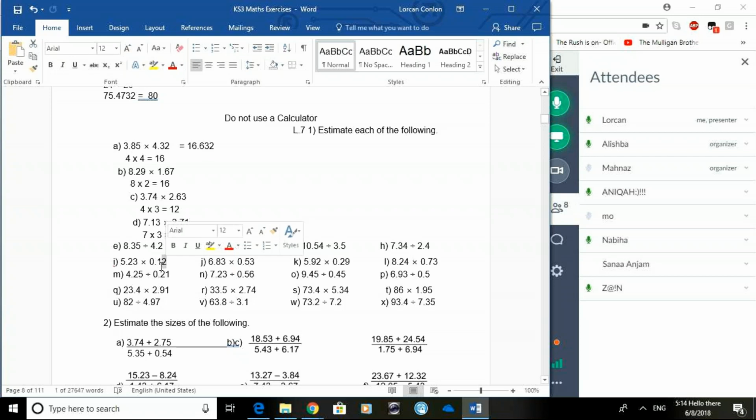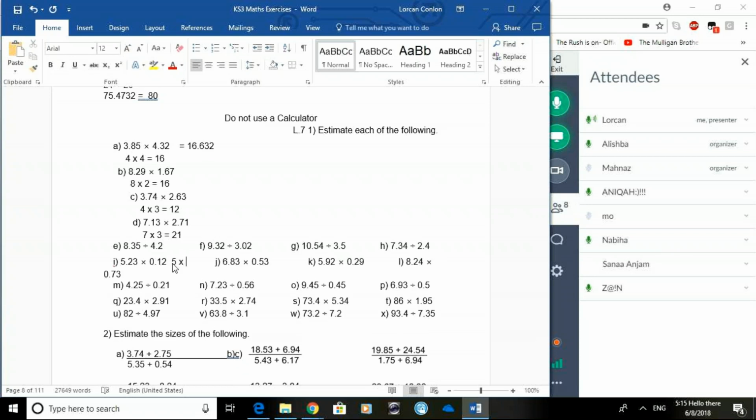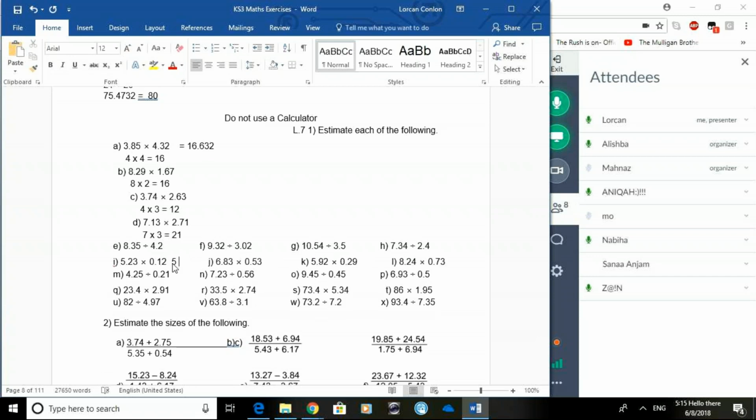So we're going to cut the number off here, and then we look at this and say, is the 2 going to make it round up, or is it going to make it stay the same? Stays the same. So that becomes 5 times 0.1 is how we approximate that one. And 5 times 0.1 is just 0.5. That is a tricky one, but that's the sort of one.